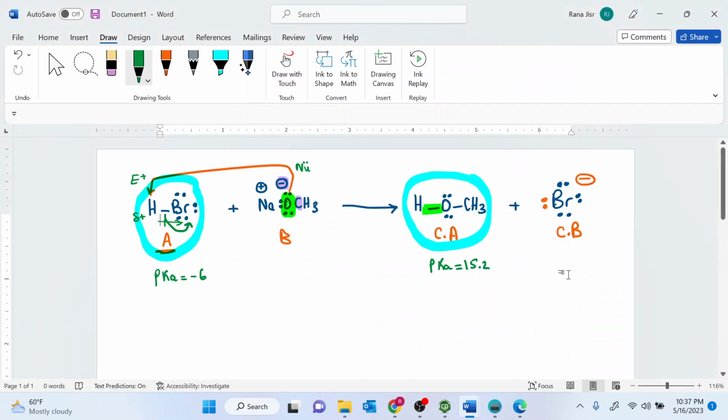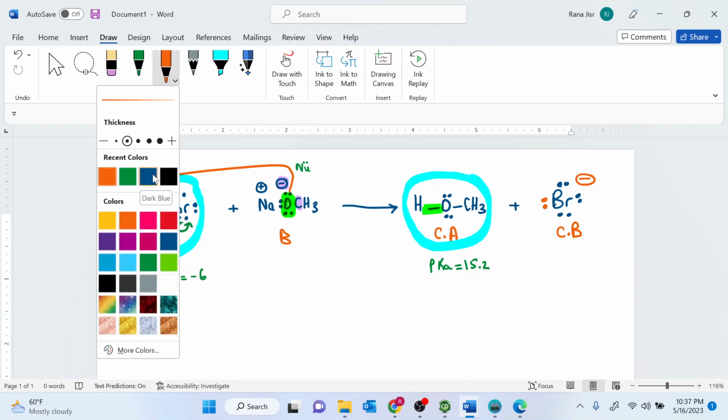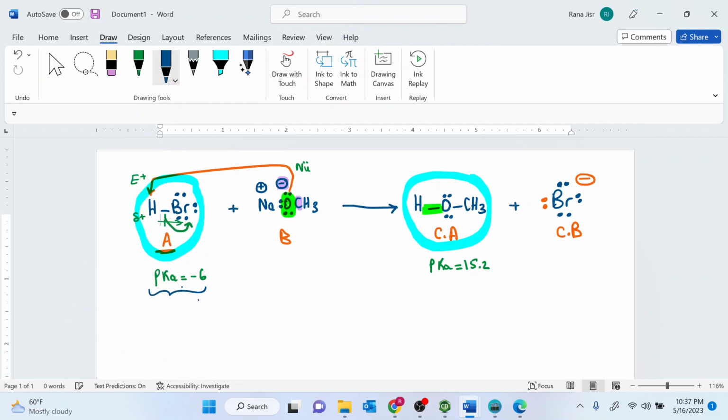And as I said, as the pKa increases, the acidity is going to decrease. So if I am comparing the two pKa's, this is a smaller pKa, so it's going to make the HBr more acidic. As the pKa increases, the acidity decreases, so I am expecting HBr to be more acidic than the methanol in this case.